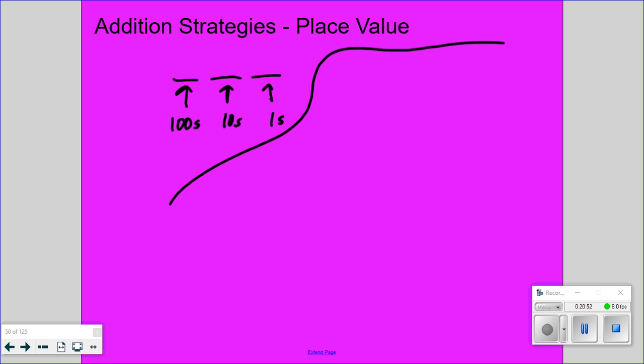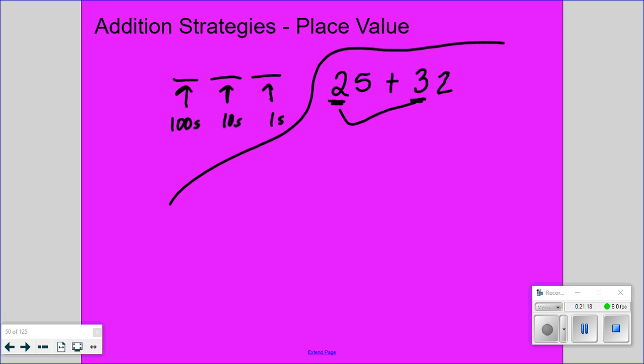I've seen a lot of you do this. If I have 25 plus 32, all right, we are writing, friend. I'm seeing friends take the tens. So I have 2 tens plus 3 tens.